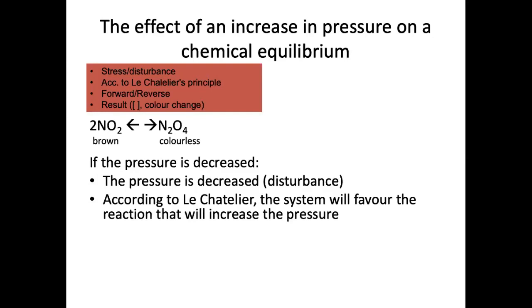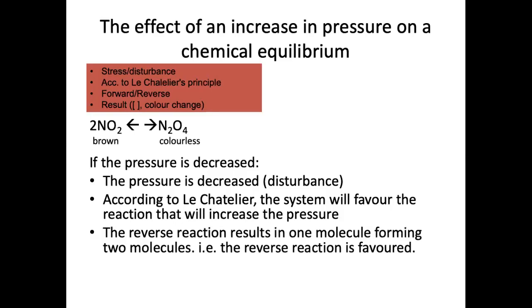And according to Le Chatelier's principle, the system will favor the reaction that will increase the pressure. So how do you increase the pressure? By having more particles knocking on the side of the container, there'll be more collisions, more pressure, right? The reverse reaction results in one molecule forming two molecules. That is, the reverse reaction will be favored.